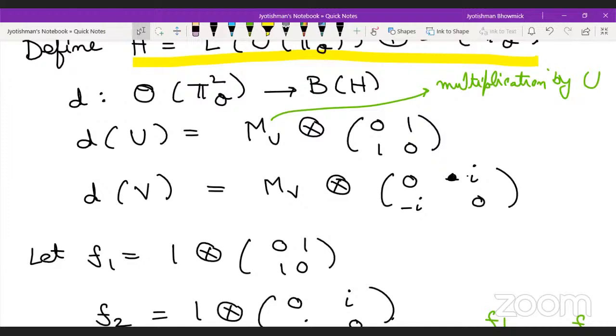If you run that computation here, you will see that you get the formulas for du and dv as here. And since the algebra is generated by u and v, the space of one forms will be spanned by du and dv, right?